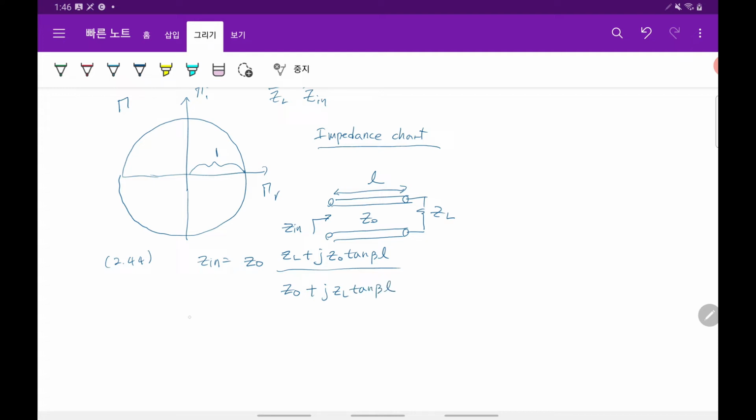So let's say L is lambda over 4. Then beta L is pi over 2, which is 90 degrees. Then tangent beta L becomes infinite.